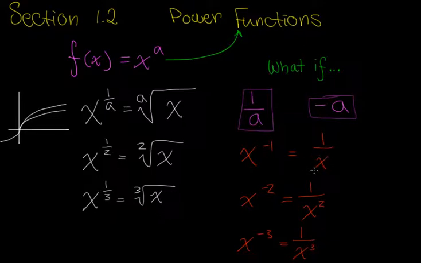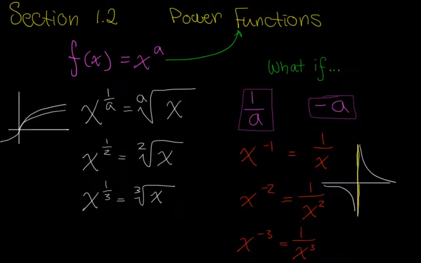And look, it is not defined when x is equal to 0. So when we draw the graph of x to a negative exponent, we're going to have something like this, the reciprocal function. It has a vertical asymptote at x equals 0, and it does not cross it. It gets infinitely close to it, but does not cross it.